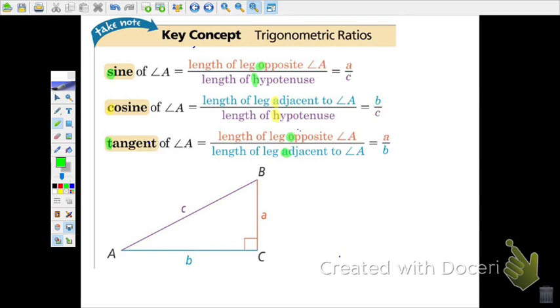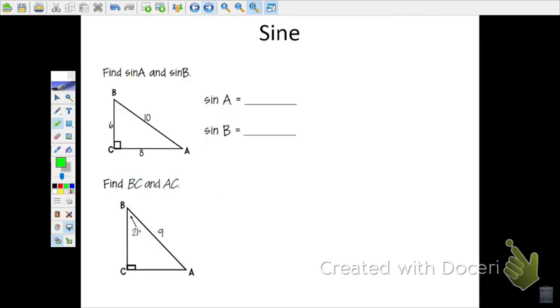Okay, so we're going to look at some examples of how that works. If you open up the sine flap, on the left side, it says to find the sine of angle A and to find the sine of angle B. Again, sine is opposite over hypotenuse, and it always is based on the angle.